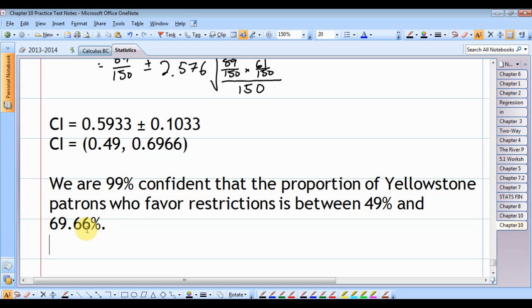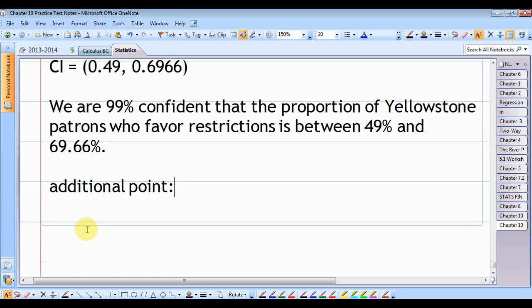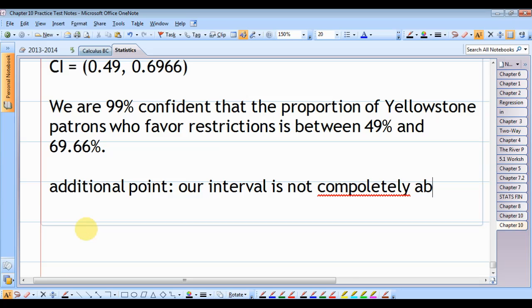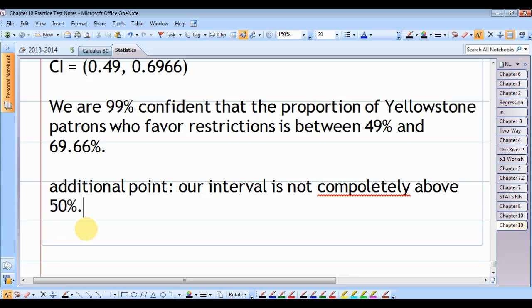Okay, stats. Is our entire interval above 50%? No. So this is just an additional point. This isn't necessary, right? Yeah, this is not really what we're going with, but who knows? The additional point: our interval is not completely above 50%.